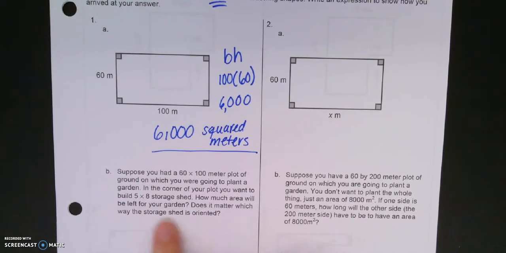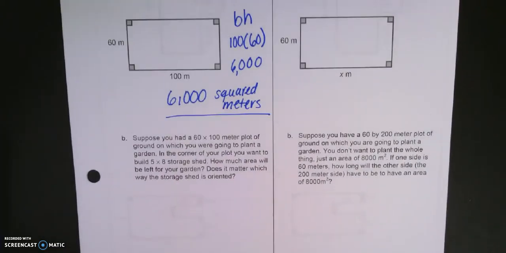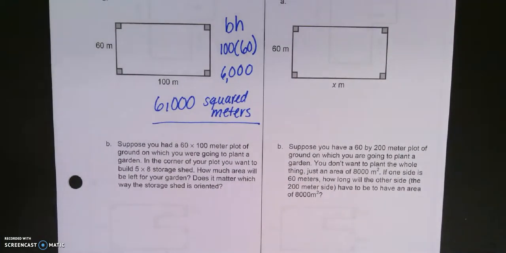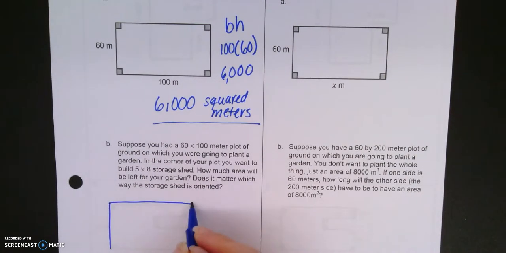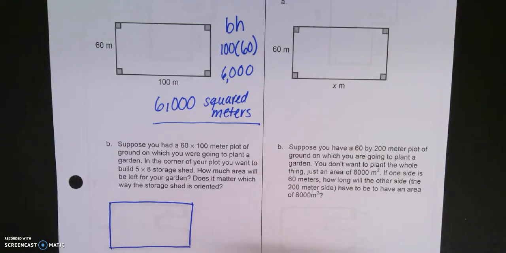Does it matter which way the storage shed is oriented? So let's read that again, and as we're reading, let's make sure to try and draw a picture. Suppose you had a 60 by 100 meter plot of ground which you're going to plant a garden. Okay, so that's going to be a rectangle that is 60 by 100 meters. 60 meters by 100 meters.